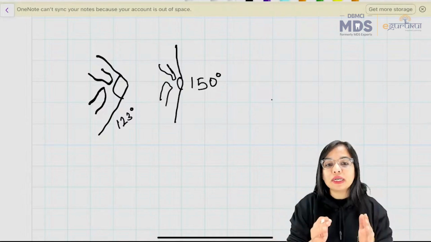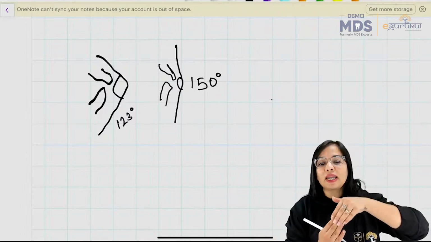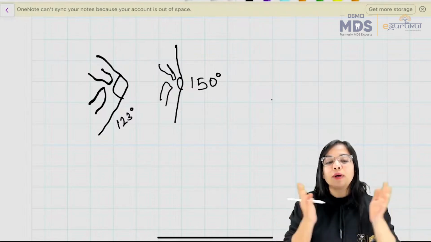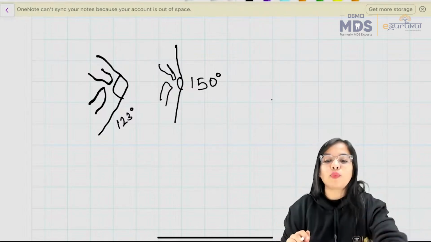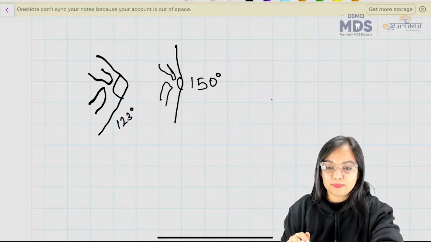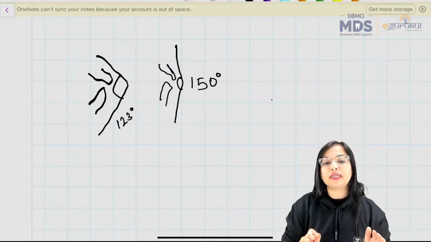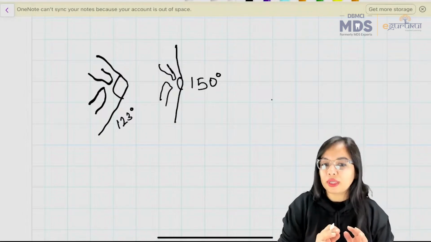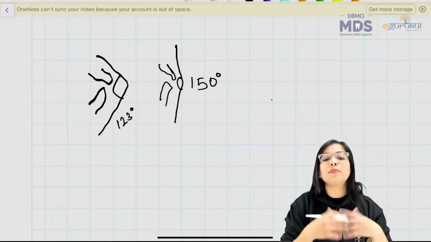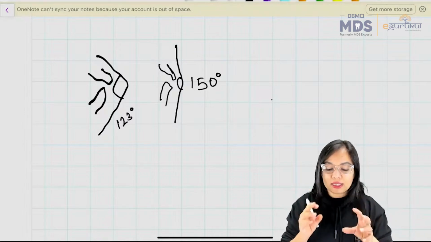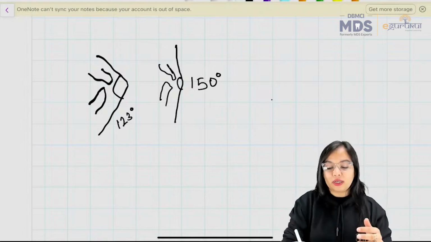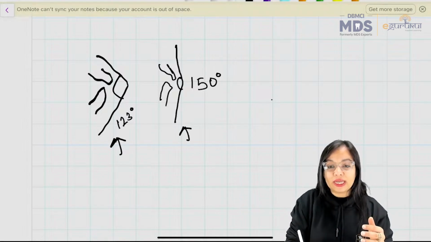While the primary teeth are present at an angle of 150 degrees, the permanent teeth are present at a proclination of 123 degrees. Clear? The permanent anterior teeth are larger as compared to their primary counterparts, and thus they require more space. So this difference is coped up with the help of the change in the inclination degree, as I told you.